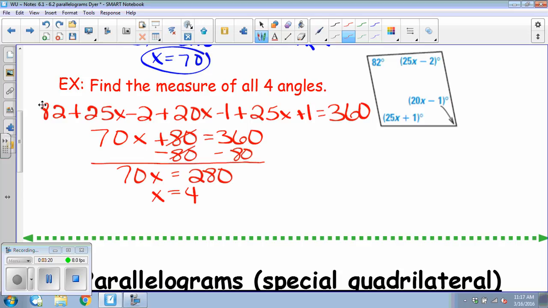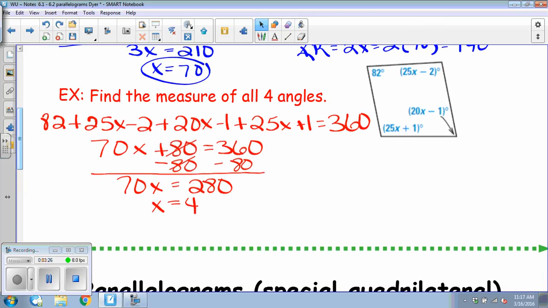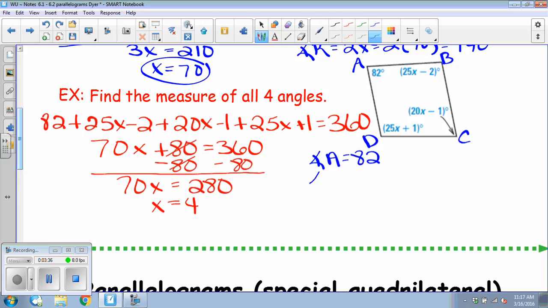X equals 4. So now to find all the angles, how about if I name these A, B, C, D, so that I know what we're talking about. We know angle A is 82, they gave it to us. Angle B is, we plug in 4, so 25 times 4 minus 2, which is 98 degrees.